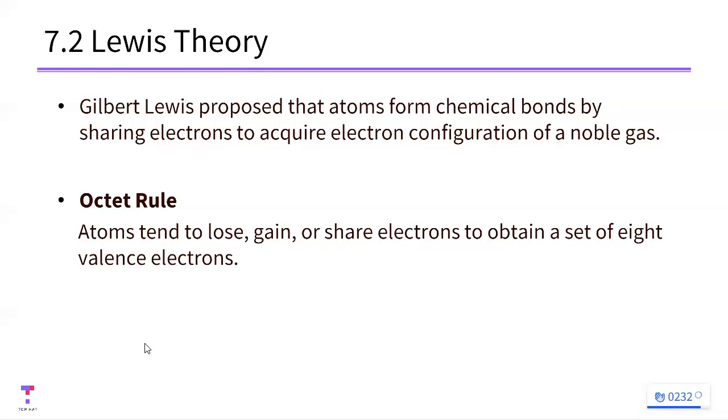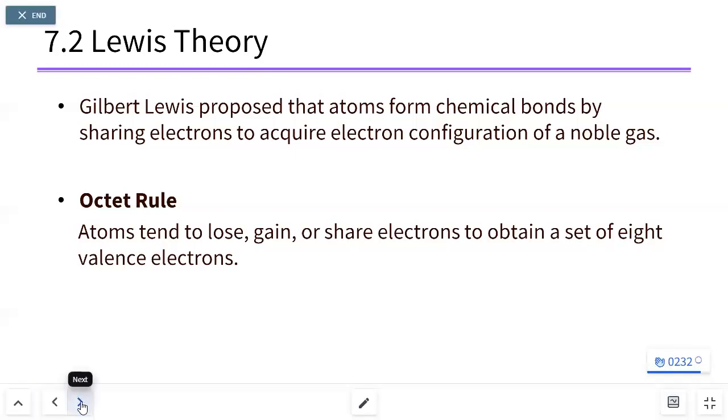Sharing electrons doesn't actually change the total count of the given element, but it does provide extra electrons that can be used to fill that particular atom's octet. And so we don't see a change in ion character, but we do see a change in the number of electrons that that atom is associated with. So that's the octet rule.